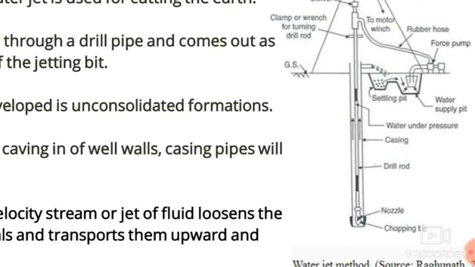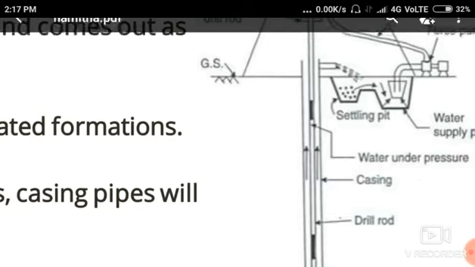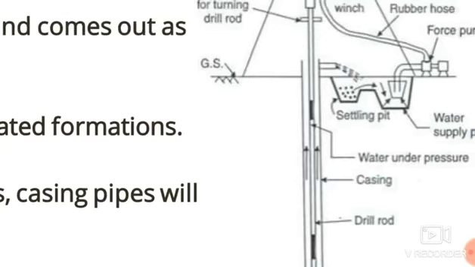Due to the force of that chopping bit, the removed soil along with the jetted water will come up through the annular space between the pipe and the hole, that is the well, and it will come up to the settling pit. In the settling pit, the soil gets settled, and the remaining water flows into the water supply pit.